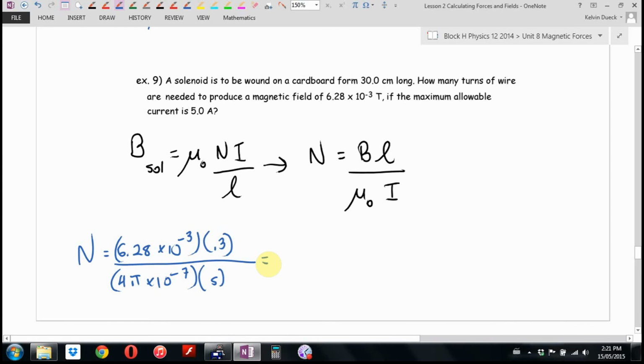What'd you get? 300, like 299.9 something. I think I started out with 300 and worked my way backwards because I didn't want to have half a turn of wire. So 300 turns of wire.